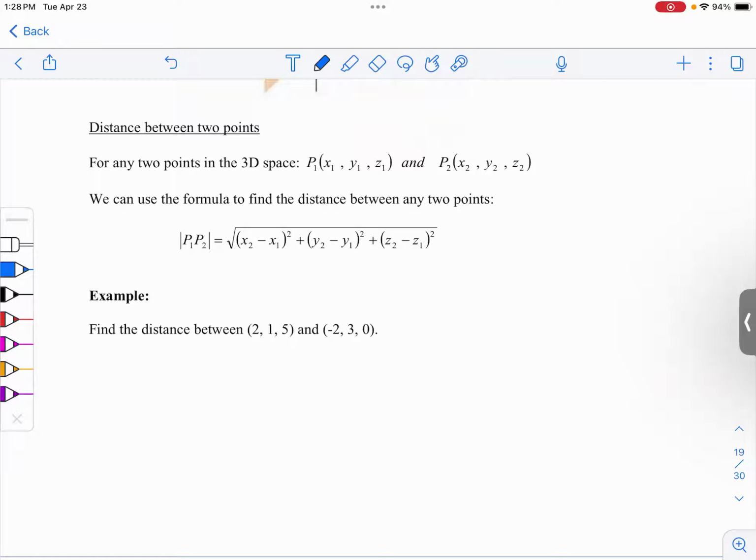Along those lines, you'll see some same formulas with different terminology. A big one is distance, the distance between 2 points. This formula should look super familiar. What does this formula look like? We should definitely recognize this.